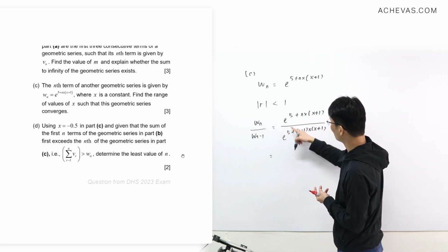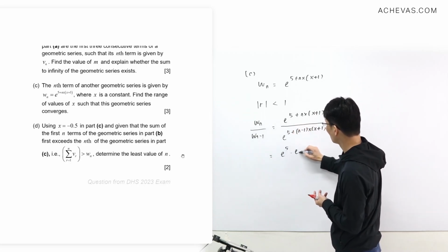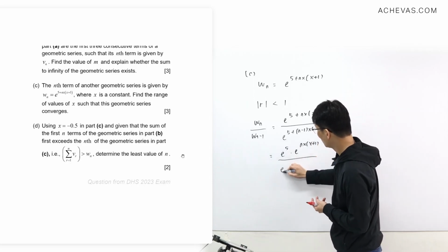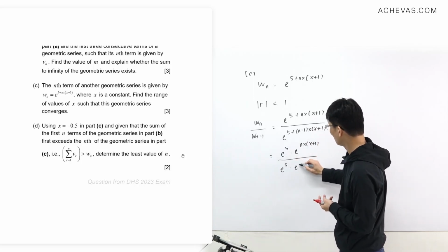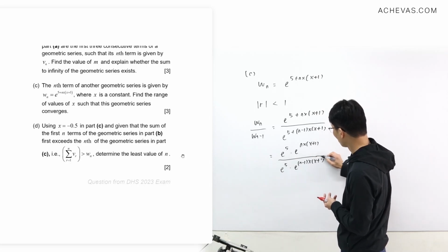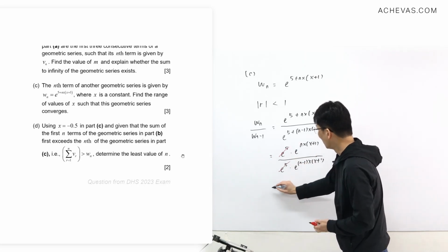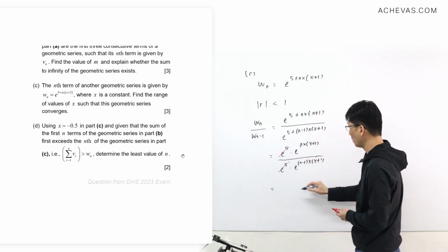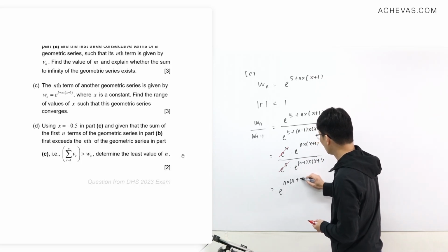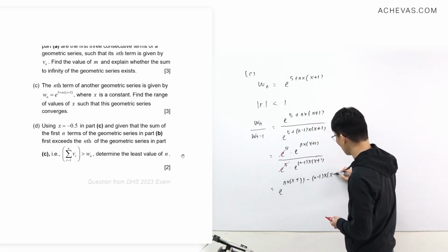Let's perhaps break up this part first. So I'll get e to the power of 5 times e to the power nx, x plus 1, divided by e to the power of 5 times e to the power of n minus 1 x, x plus 1. e to the power of 5 is constant, so let's cancel. And on division, I will end up with e to the power of nx, x plus 1 minus n minus 1 x, x plus 1.